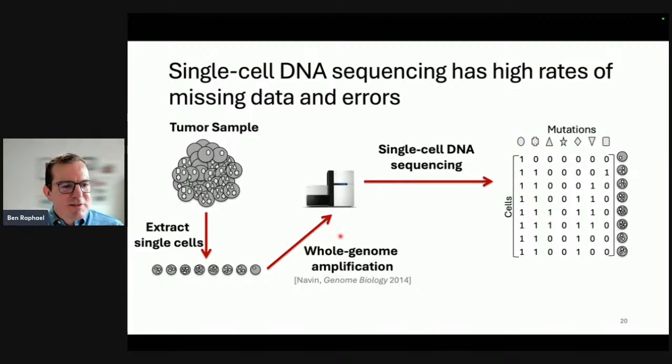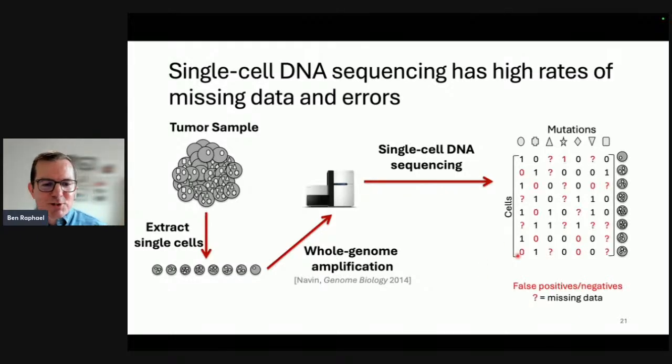But because of the various errors that can happen in the amplification process, the extraction process, and the sequencing process itself, we don't get this perfect 0-1 matrix. Instead, we get a matrix that has high rates of missing data and some false positives and some false negatives. So in many cells, we'll fail to measure the mutation, or we might measure the mutation incorrectly.